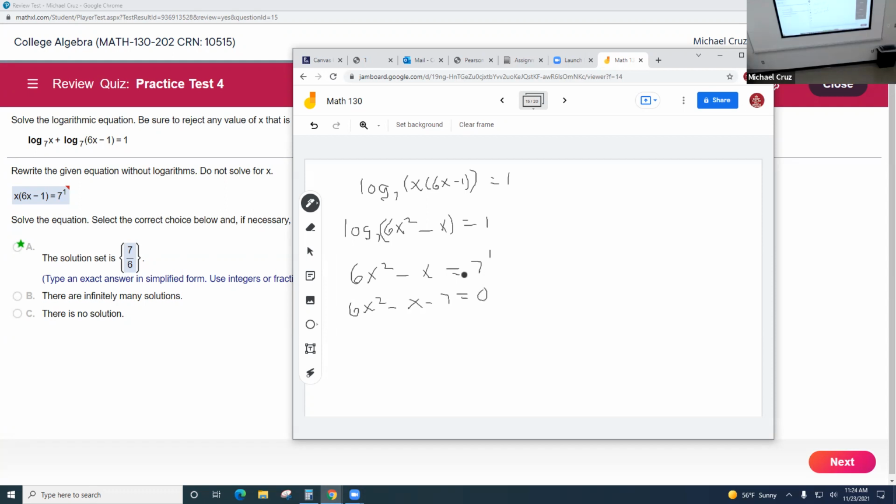It's a quadratic. We could go up here and see what our domain is and all that, but let's just solve it first. This factors, and I'm just using trial and error at the same time.